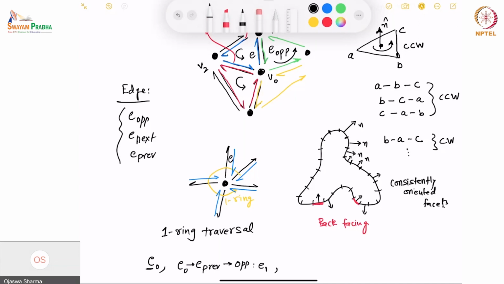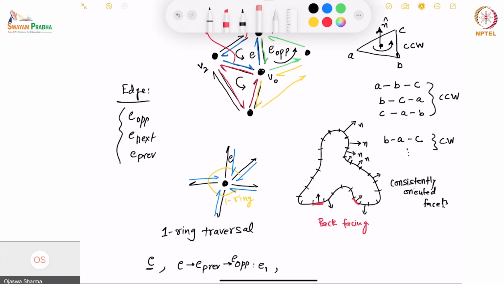That's going to be messy with this notation, so I'll just erase it. So you do E, you jump to E previous, and from E previous get its opposite.